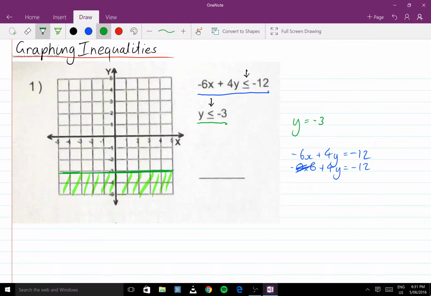Okay, now all I need to do is divide that by 4. Divide by 4 to keep it even. And I get what y equals. So y equals minus 3. Okay, so now I go y equals minus 3.